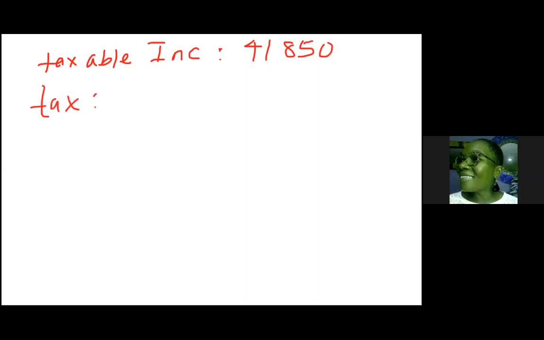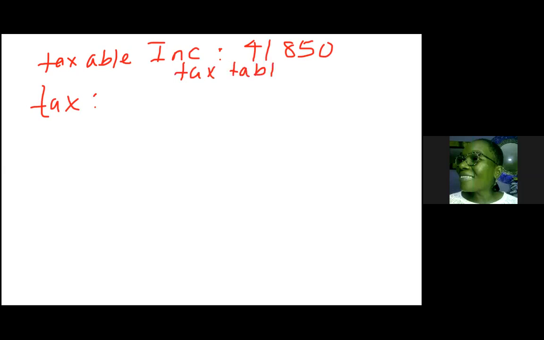So guys, this is the person's taxable income. The taxable income is $41,850. Now we're going to calculate how much taxes this person should have paid for the year, guys. This is where we're going to go into the tax table.